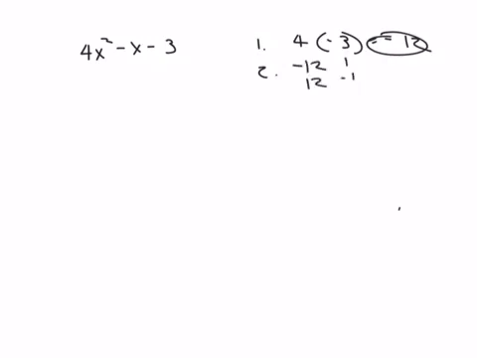4x squared minus x minus 3. Okay, remember step 1. First number times the second number gives me a negative 12. Two numbers multiplied together to give me negative 12. What are they? There's a lot of them.